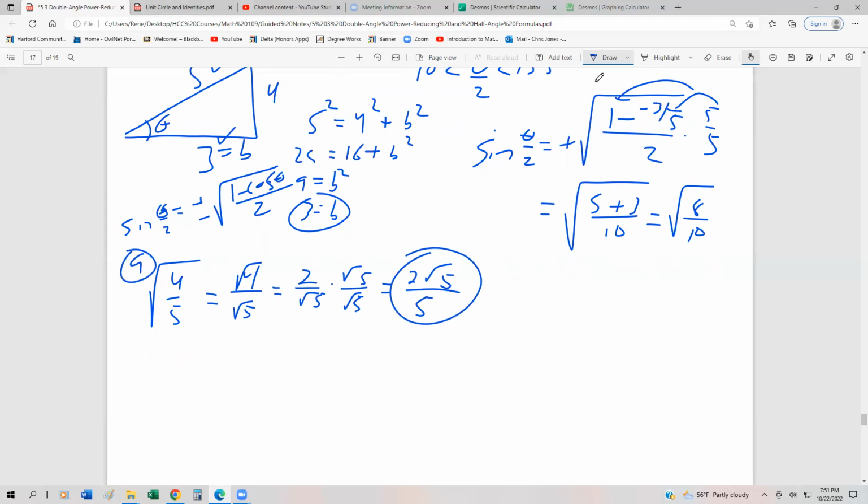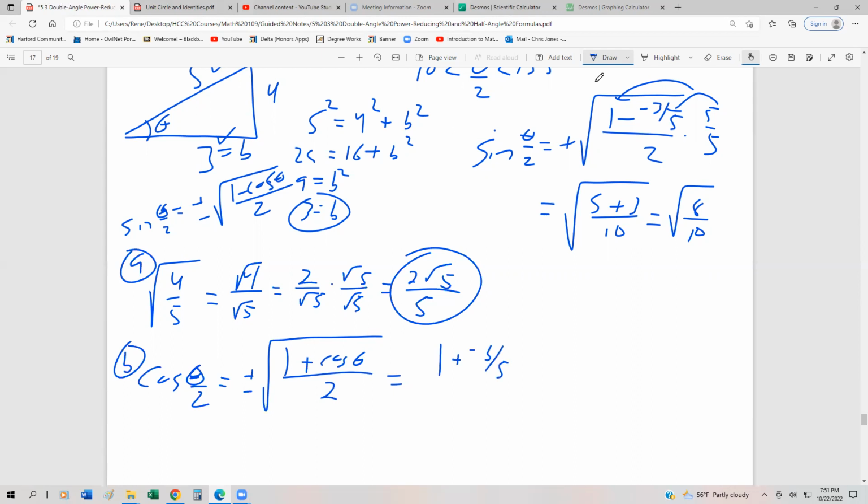Now, the cosine of theta over 2, this is part B, is equal to plus or minus the square root of 1 plus cos theta divided by 2. Our cos of theta is negative 3/5, so this becomes 1 plus a negative 3/5 divided by 2. We multiply by 5 over 5 just to clean this up a little bit.